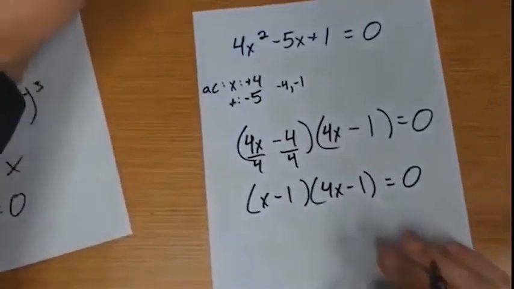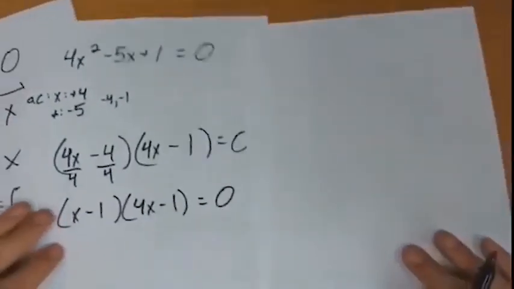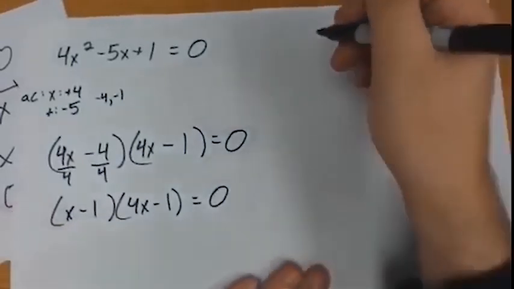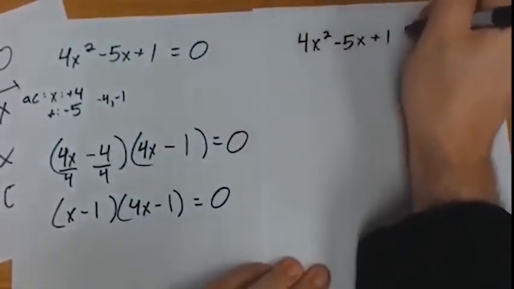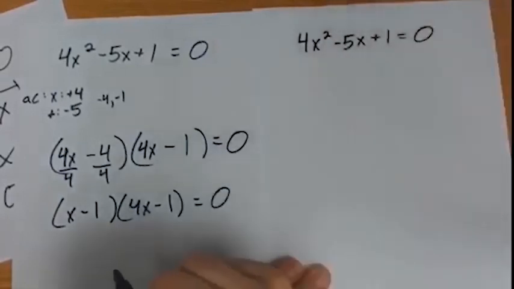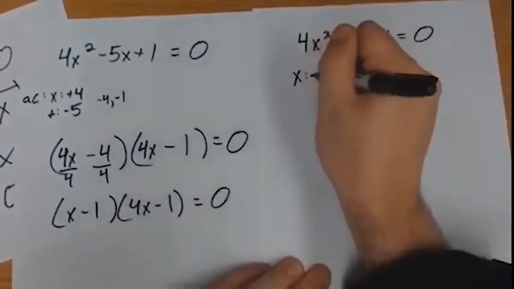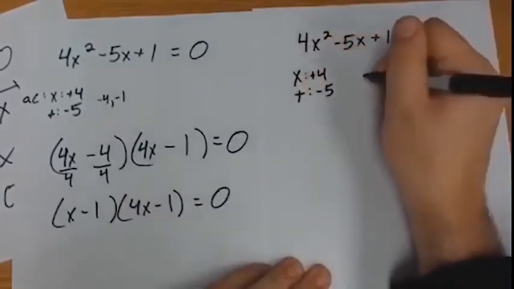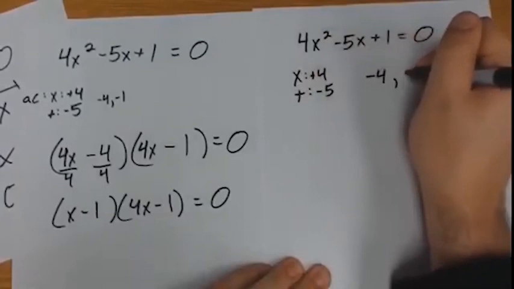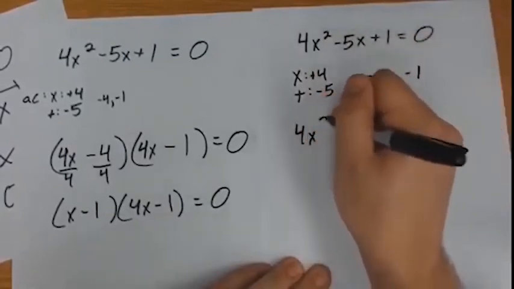You don't believe me? Let's do the actual AC method, side by side. So we found the numbers that multiply to AC, positive 4, add to B, negative 5, that's negative 4 and negative 1.